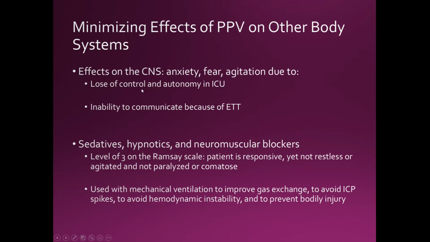All right. And the reason why at times people get a lot of anxiety and fear is because they lose control and autonomy. In the ICU, you can't do anything. They won't let you do anything. Why? Because you're critical. And again, you can't really communicate with anybody because of the endotracheal tube.